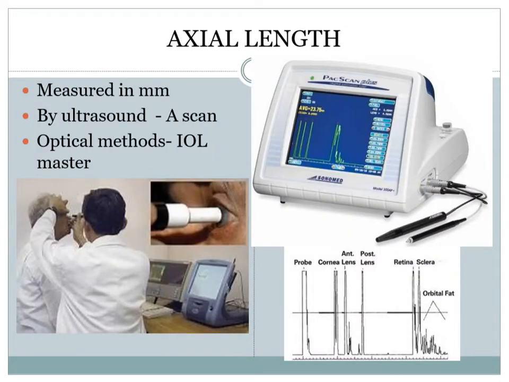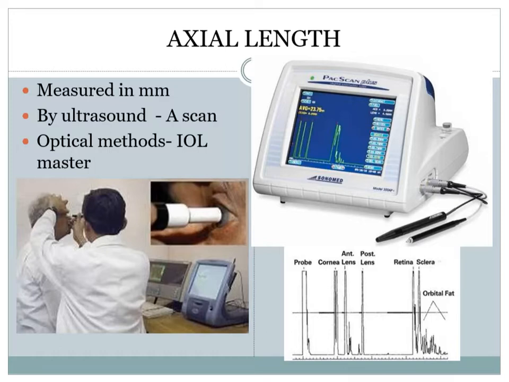Then the next one is, how do we calculate the axial length? The axial length is calculated by an instrument called ultrasound A scan, or an optical instrument called IOL Master. So you can do it by ultrasonic methods or optical methods. In ultrasound methods, you use A scan biometry, and in optical methods you use IOL Master.